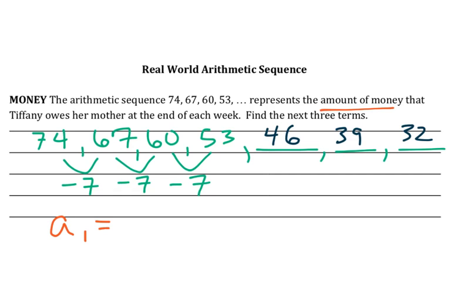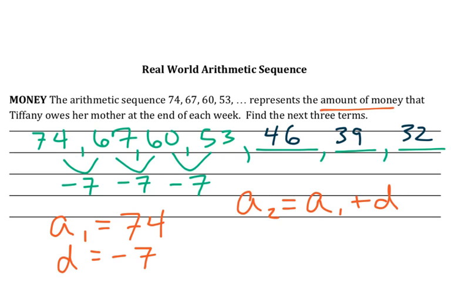Here's a sub 1. Well, that's going to be my first term, 74. My difference is going to be, that's 7, but not just 7, negative 7. And the way that I would get the second term, a sub 2, would be by taking my first term, a sub 1, and then adding the common difference, d.